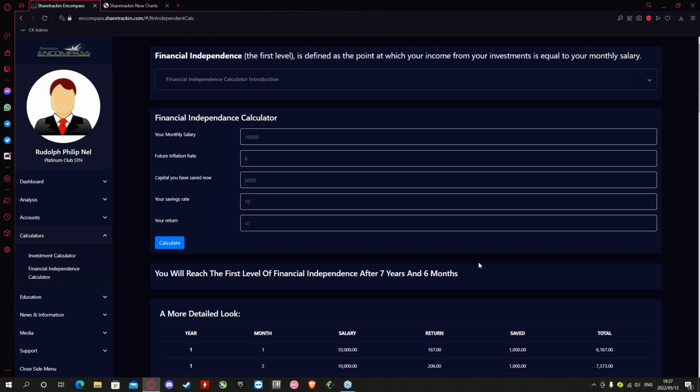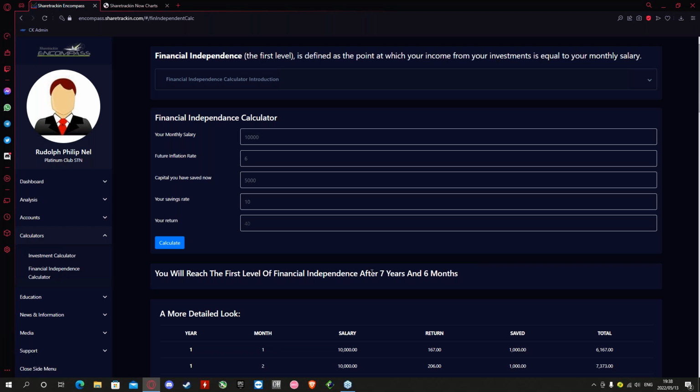If you start investing and you reinvest your profits, then you won't take that long. You might even be able to halve that. If you're trading, it might even be 1 year before you reach financial independence. So that's if you want your money to start working for you and you don't want to work anymore.